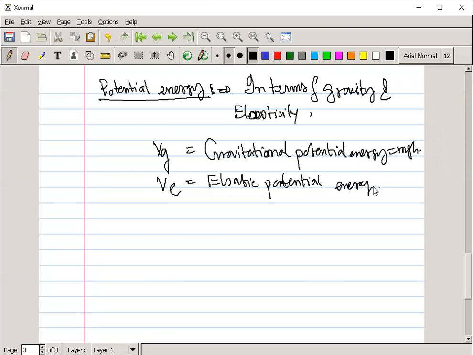For example, a spring: the work done by the spring to deform is stored in the spring, and we can call it elastic potential energy. Means when the spring has done some work, it deformed. Okay, so that is called elastic potential energy. Now come to the work energy equation.